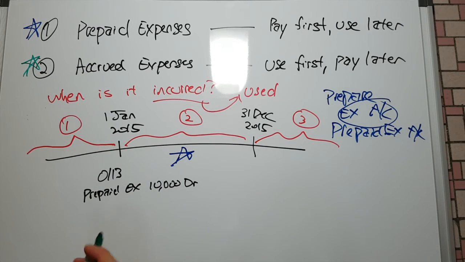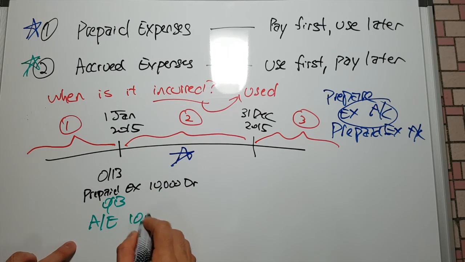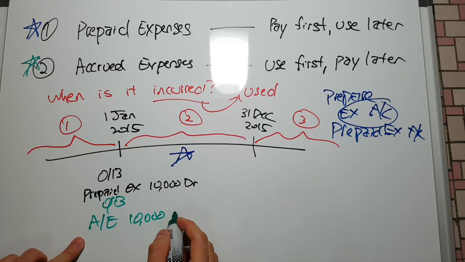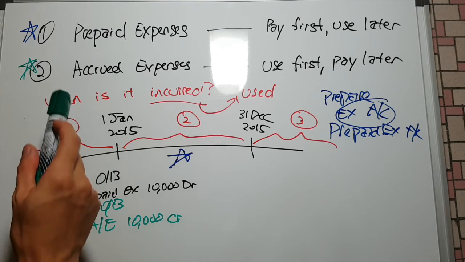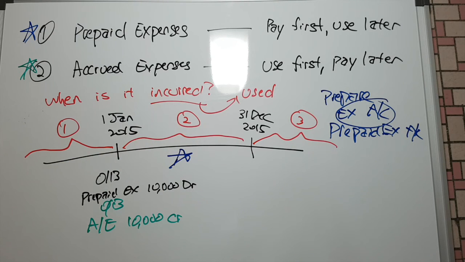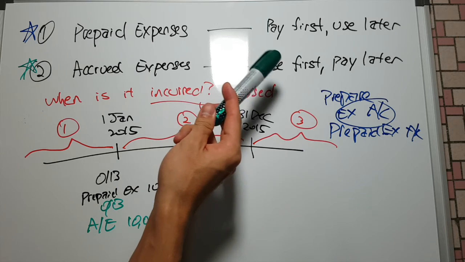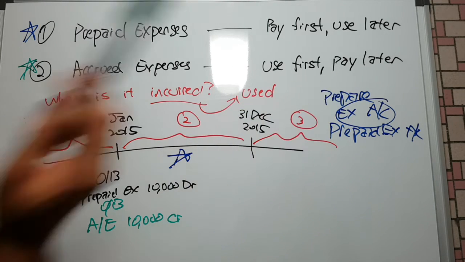Let's say they give you an opening balance of accrued expenses of 10,002, and we know that accrued expenses is a credit balance. For the accrued expenses opening balance, let's ask ourselves the important question again: when is it incurred? Let's look at the meaning. It is use first, pay later.